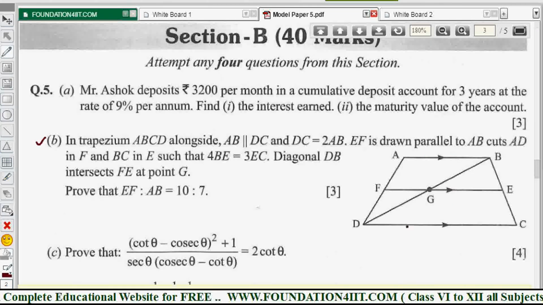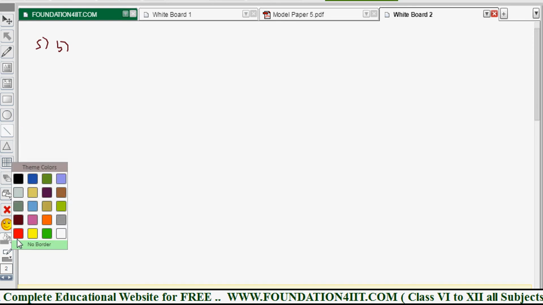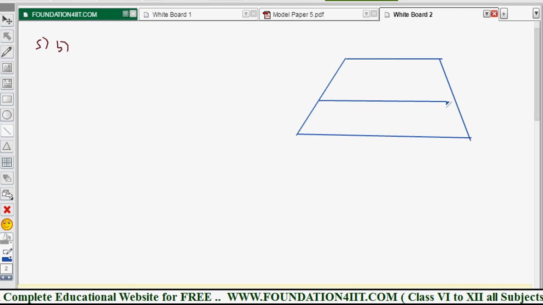So let us take the values. First we will see these three lines are parallel. Let me take the diagram. It is a trapezium, so AB and DC are parallel, and one more line, FE, inside is also parallel, intersecting the sides.